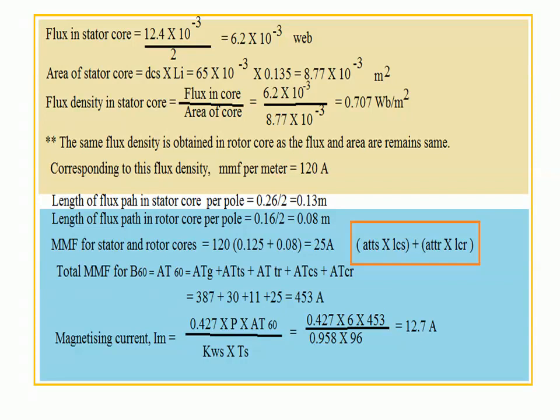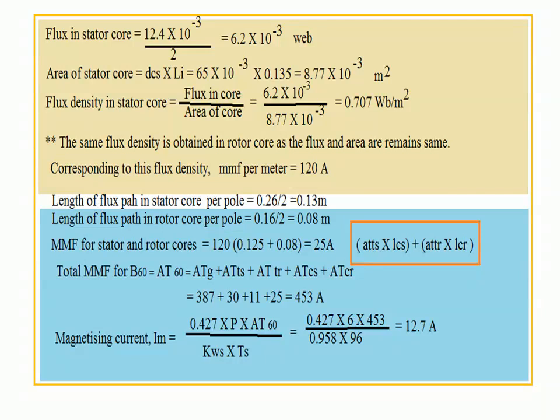Corresponding to this flux density, the MMF per meter value is 120 AT from the BH graph. Length of flux path in stator core is given per pole pair, hence you divide by 2. We are going to get per pole 0.13 meters. Similarly, length of flux path in rotor core is 0.16 divided by 2, 0.08.